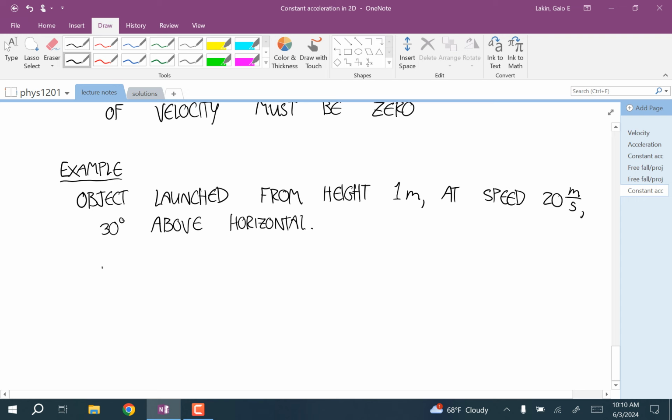And we want to calculate how far it will travel horizontally before it hits the ground.